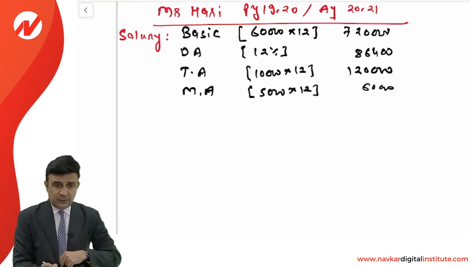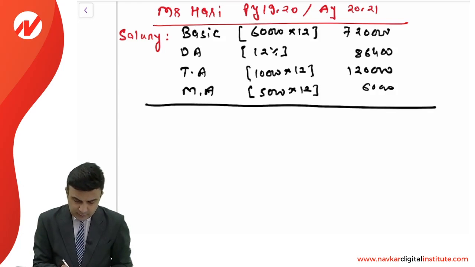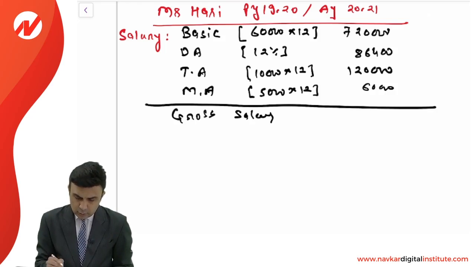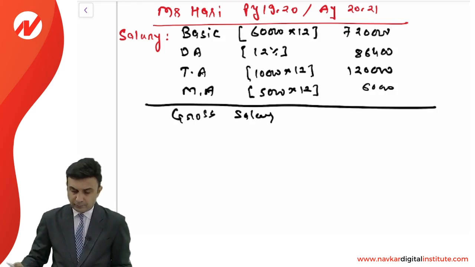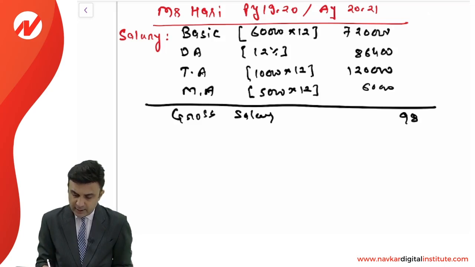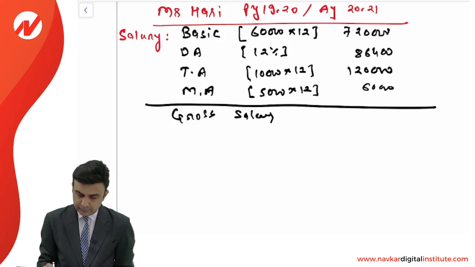Now friends, what is important is I have my gross salary, which will be 180 plus 806,400. So 986,400.